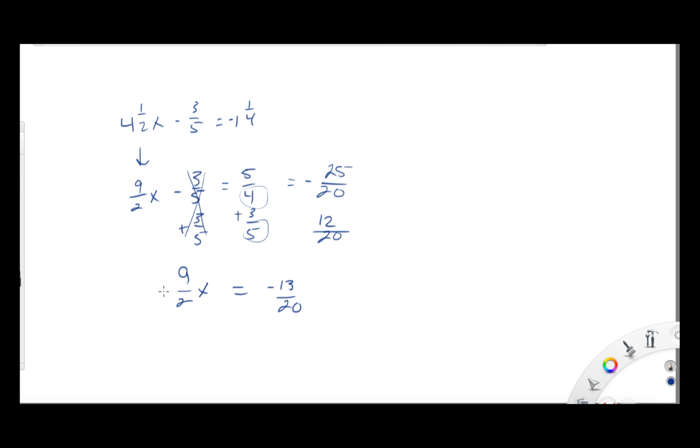Alright, now we're not done because we have to do the reciprocal here in order to cancel these out and leave x by itself. And what we do over there, we do here, which is going to be 2 over 9. We can cancel this out, make this 10, which is going to give us a final of negative 13 over 90. Alright, that's our first problem.